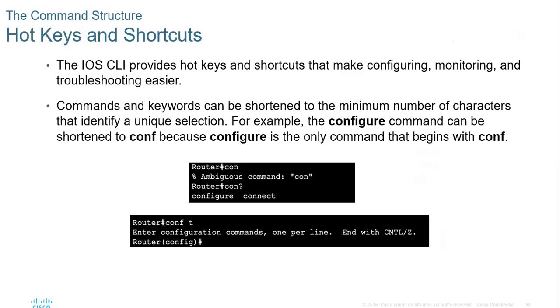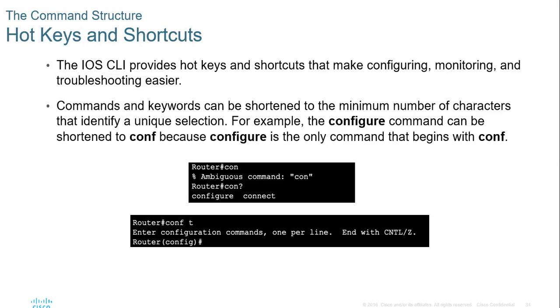Hotkeys and shortcuts. If you type con, you get an ambiguous command. Router con question mark shows configure, connect. If we type it as configure terminal, conf t, then it is correct.